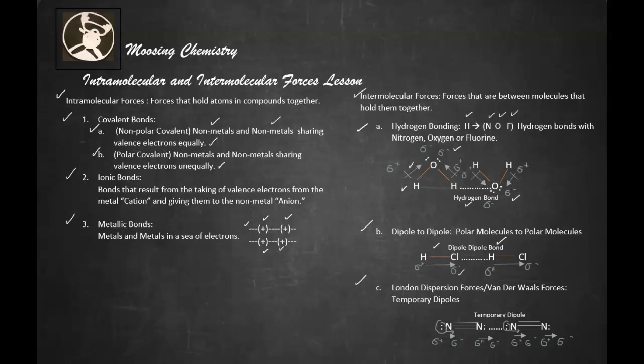Okay? The last but not least of the intermolecular forces are London dispersion forces, or van der Waals forces. These are temporary dipoles. What happens is this. These unshared paired electrons on the end of nitrogen here move towards the other nitrogen. And when they do that, nitrogen on this end becomes positive, and on that end becomes negative, right?